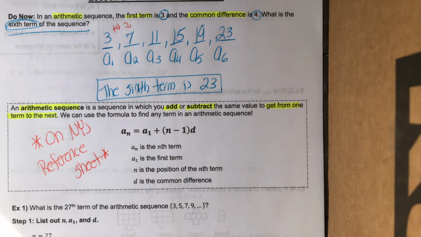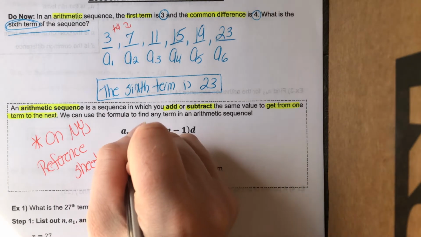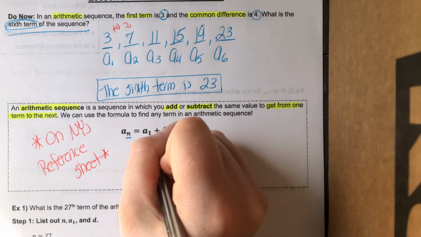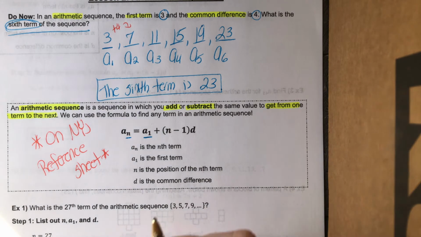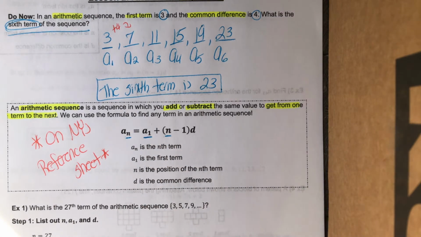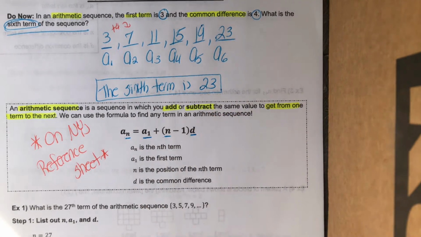All right, so you don't have to memorize them, but you do need to know how to use them. So as I look through, I can see that n is a variable I'm going to plug in for. A sub 1 is a variable. I see n again. It's the same variable, so it'll be the same number. It's just in 2 spots. And then d is a variable I'll plug in for.